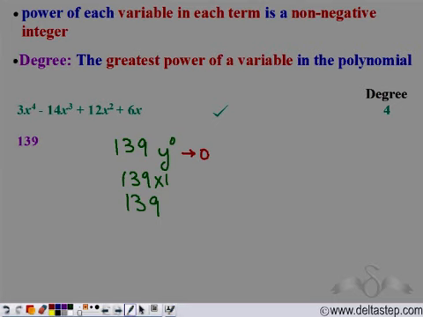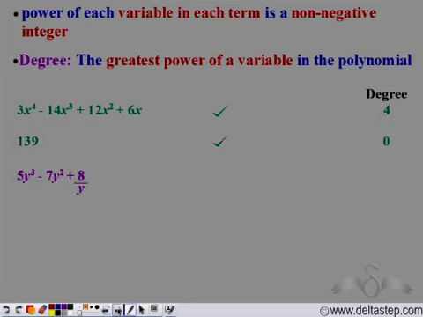So this is a polynomial. And what is the degree of this polynomial? The greatest power of a variable. It just has one term and the power of the variable in that term is 0. So the degree of this polynomial is 0. And such polynomials with degree 0 are called constant polynomials.